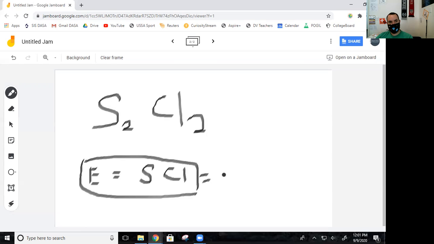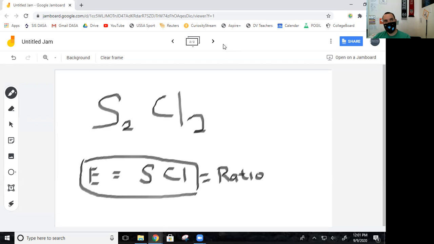That one's dumb. It's really stupid. But it shows a ratio between the atoms. Okay? Does that make sense to everyone?